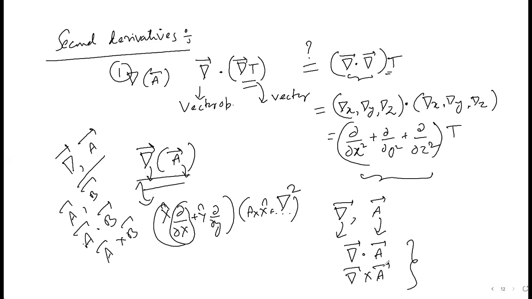Sir, I think that term will be del square by del x square plus del square by del y square, like this. Yes, sir. Yeah, of course. This is a second derivative, right? Because you see, this del x and del dot del x will combine and produce del x square, right?